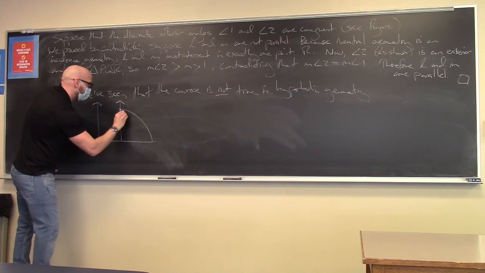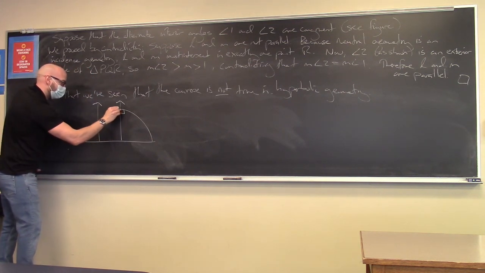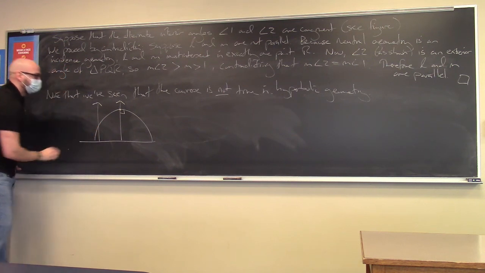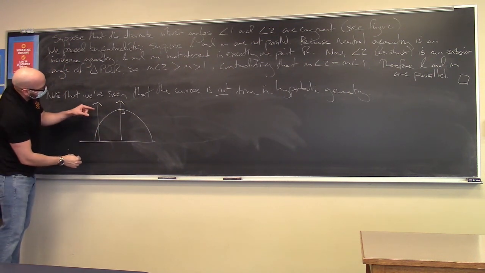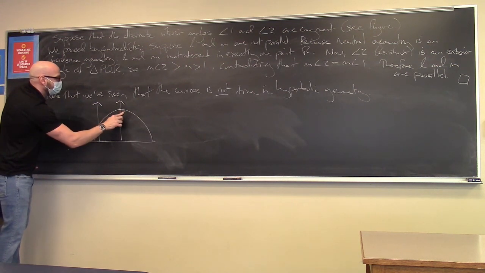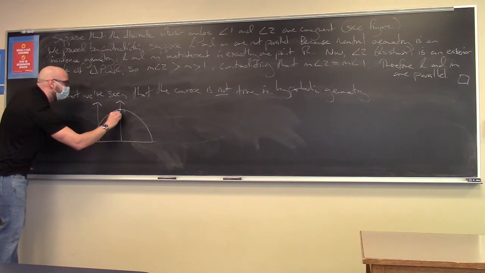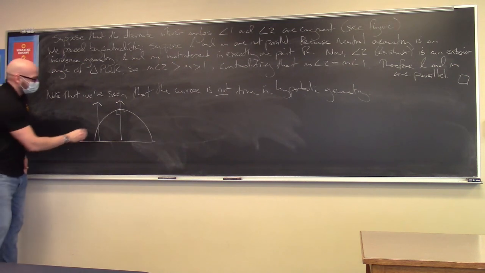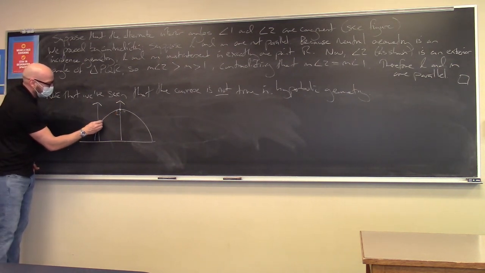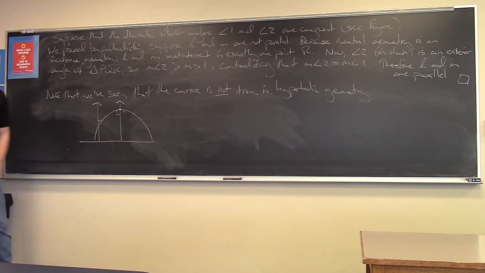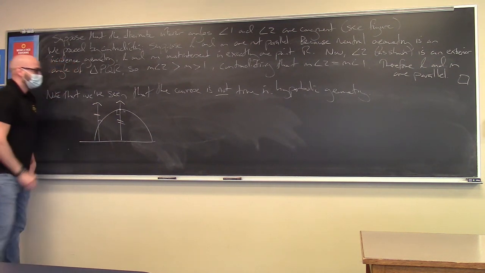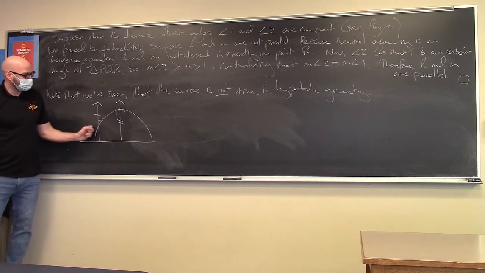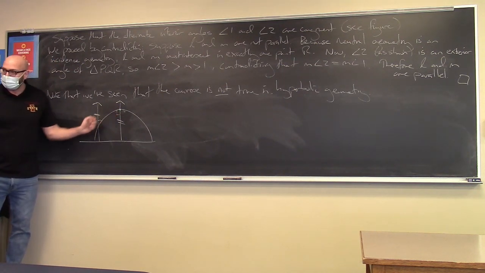So this is a right angle. But then, where's my, let me put it on the interior, here. So, right angle there. But this angle, the alternate interior angle here, that's clearly a lot less than 90, right? So these are two parallel lines that are intersected by a transversal, and yet these alternate interior angles are clearly not congruent.